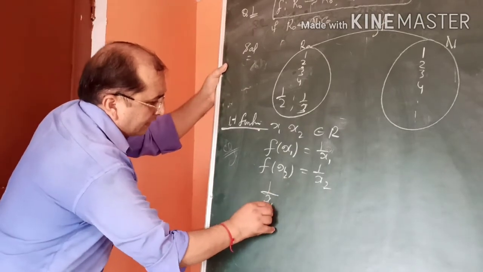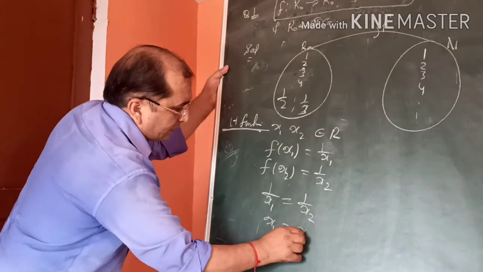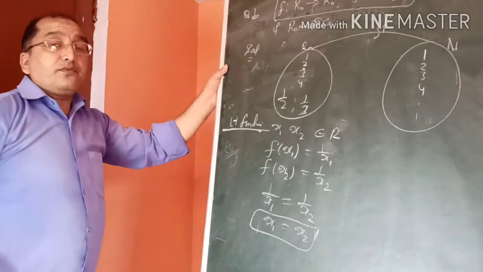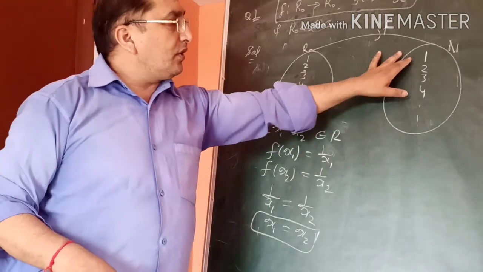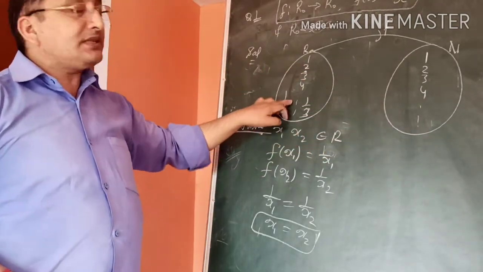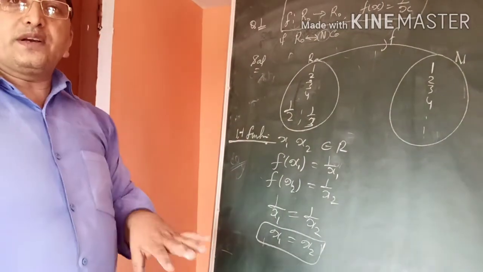So 1 upon x1 equals 1 upon x2, x1 equals x2 will come. But in case of onto function, we don't have any reciprocal number of these elements, so onto function is not possible.